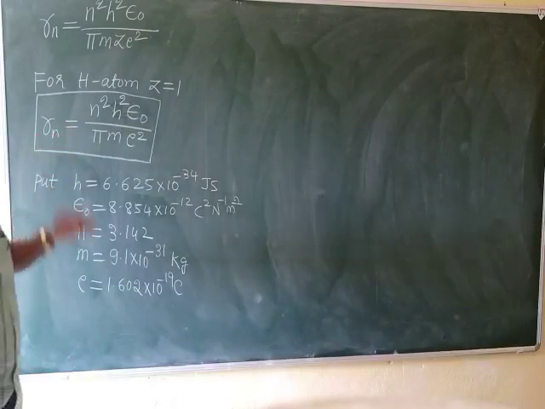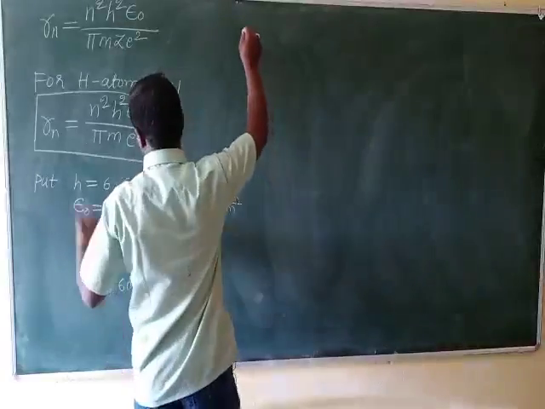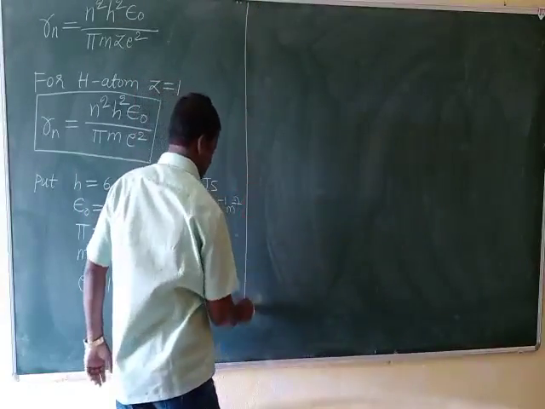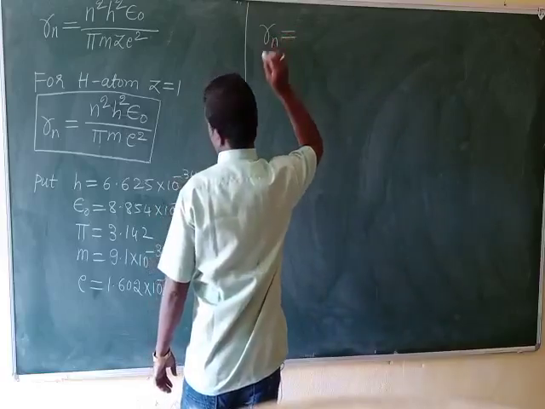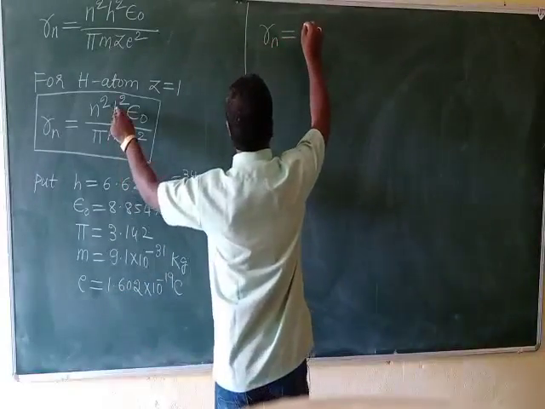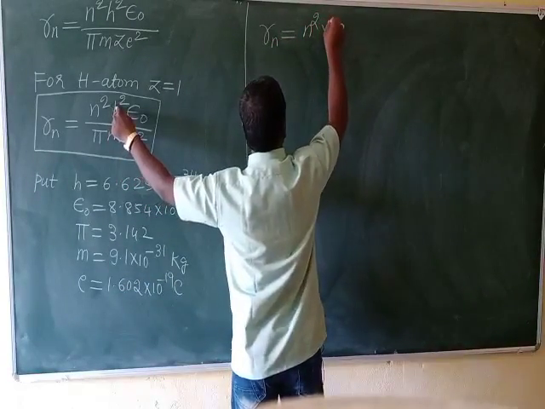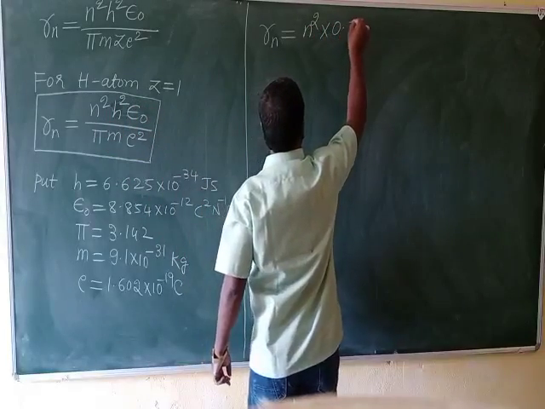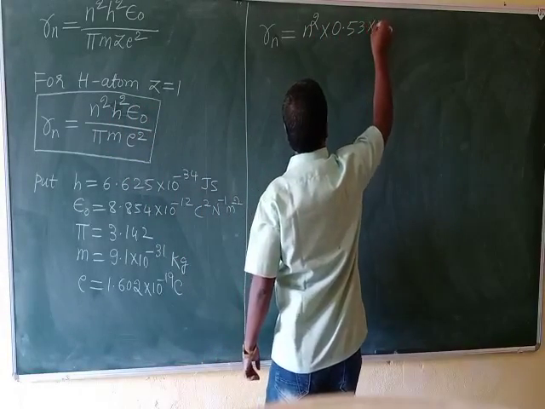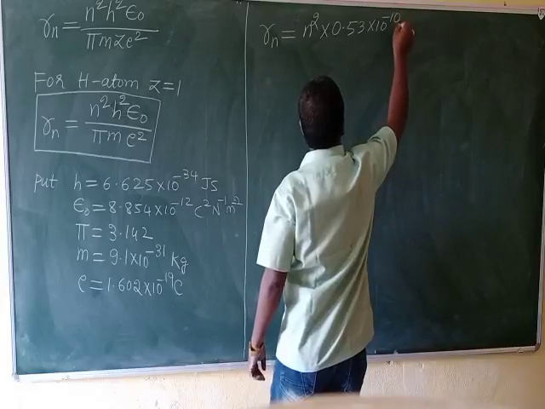After substituting in this expression, you will get Rn equals n square into 0.53 into 10 to the power of minus 10 meter.